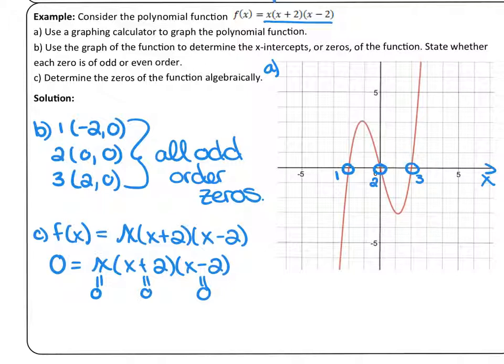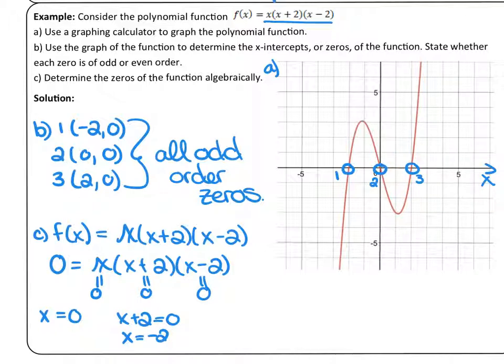So what you actually do is set them up and solve each one of them separately. The first one, x, is just by itself, and it equals 0. So when x equals 0, the whole thing is going to be 0. Second one, x plus 2 equals 0. What does x have to be in order to make it equal to 0? Well, x would have to be -2, because -2 plus 2 would be 0.